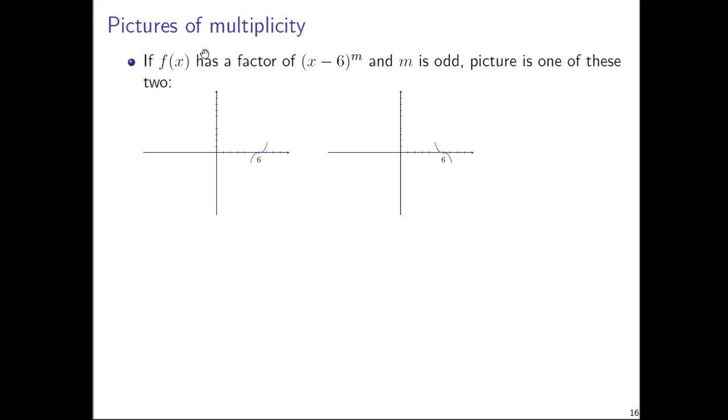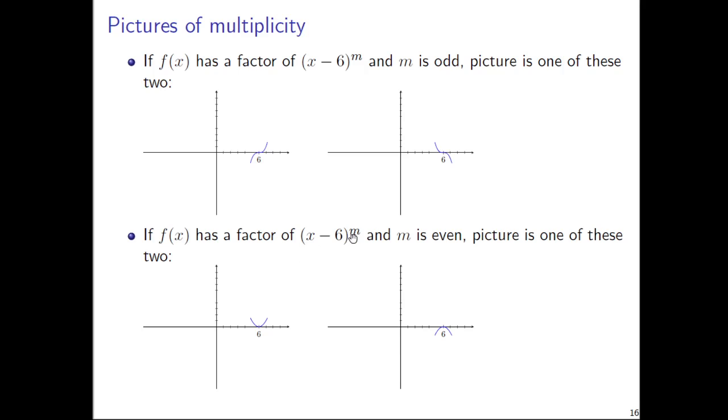If your function written in factored form has a factor of x minus 6 raised to the mth, where that exponent m is odd, then the picture will pierce through. It'll either look like this, piercing through the x-axis at 6, going up, or going down. If you have x minus 6 raised to an even power, then the picture is going to be a bounce right at 6, and it'll either look like this, bouncing right at the x-axis, or like that.